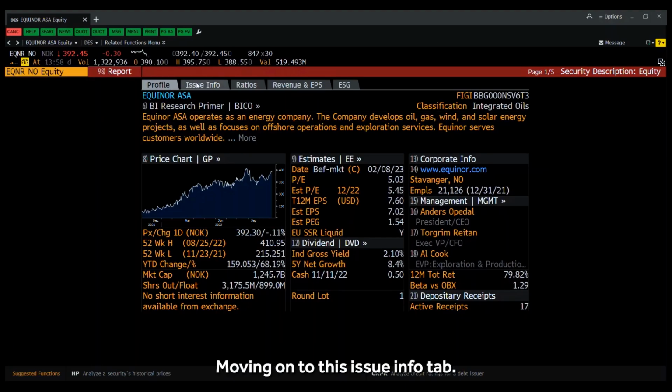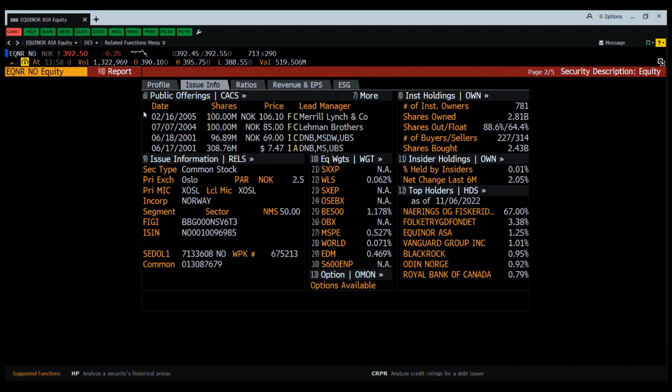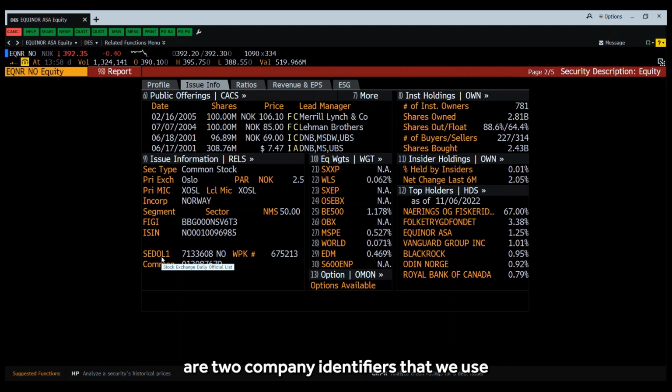Moving on to this issue info tab, we get some information about its equities in issue. Down here, we have information on its primary listing. We see that its primary listing is on the Oslo Stock Exchange, where its shares have this ISIN and this CUSIP. ISIN and CUSIP are two company identifiers that we use to locate individual equities issued by a company.